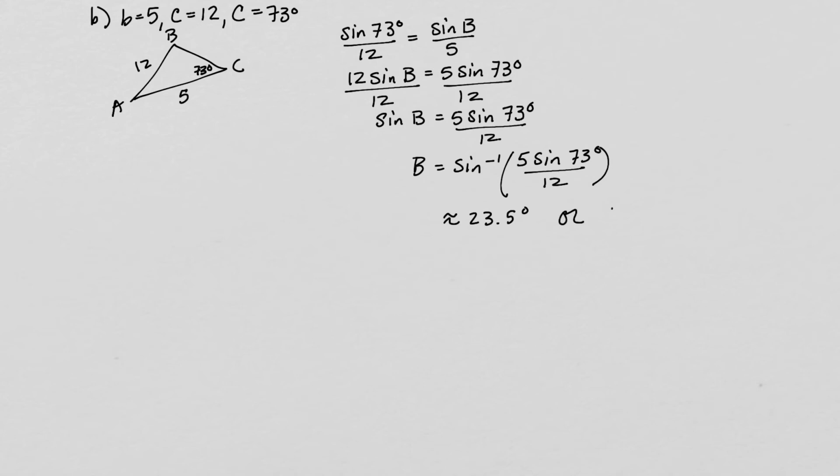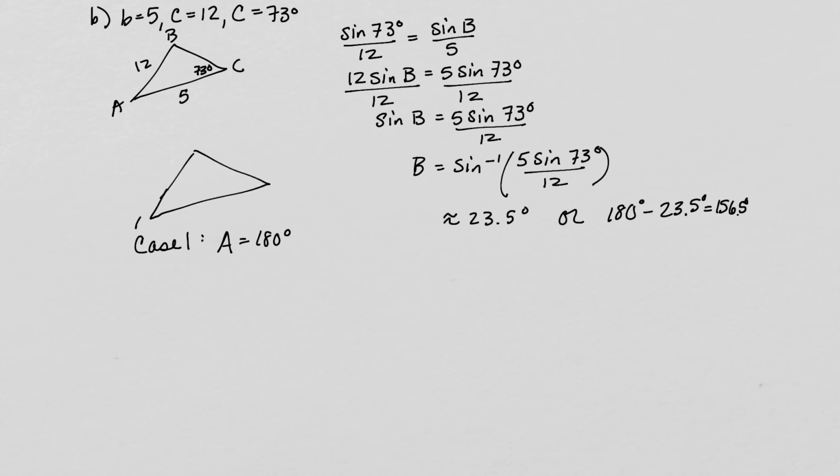Or it could end up being in the second quadrant, so it'd be 180 degrees minus the 23.5 degrees, which would be 156.5 degrees. And now I'm going to look at my two cases. So case 1, we have to find A first. So again, this is what my picture looks like, right?